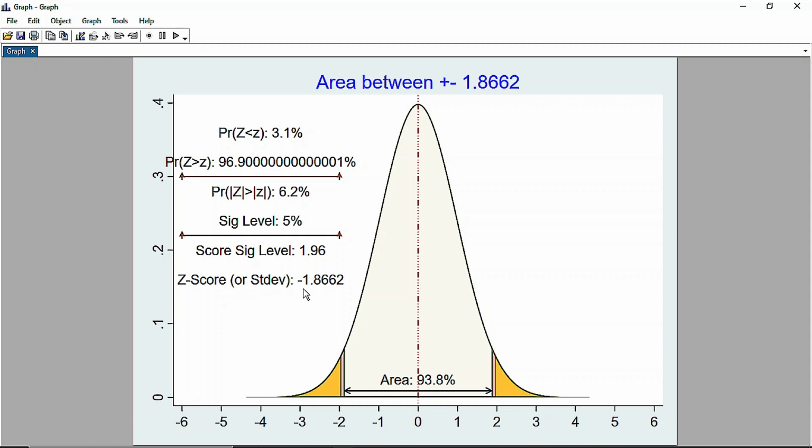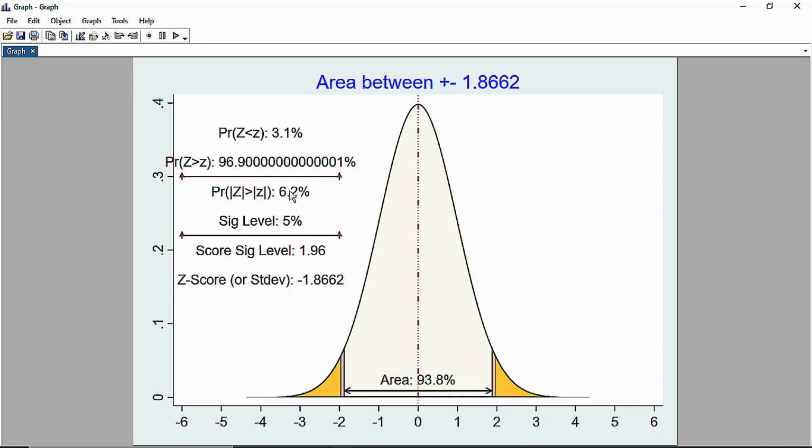Now let us see, our calculated z score is minus 1.8622, and it does not break this threshold. This part is minus 1.8, and this part is minus 1.96. So in this case we fail to reject the null. In other words, we lie inside the null region. Now let us base our analysis on the p-value.